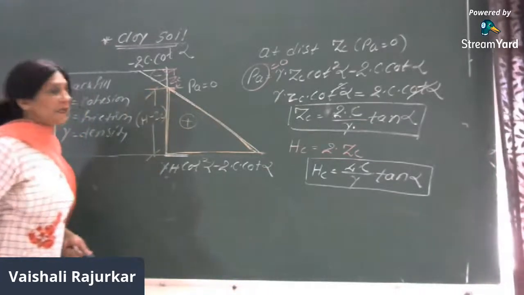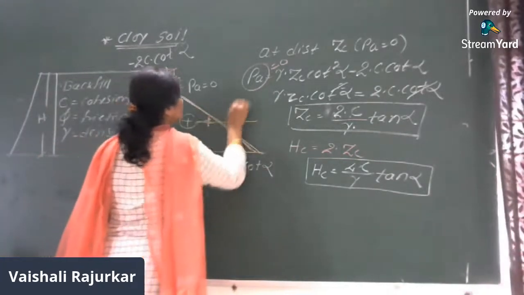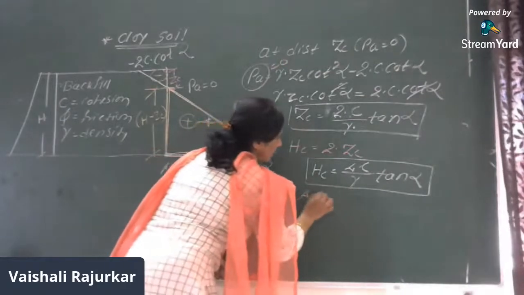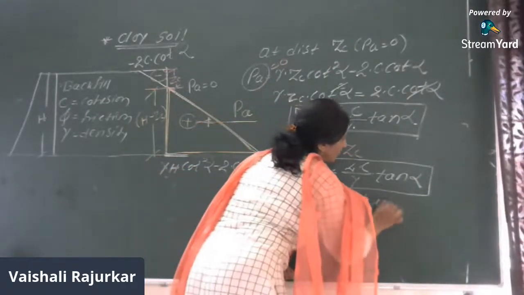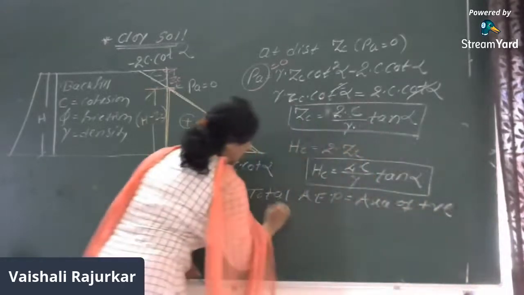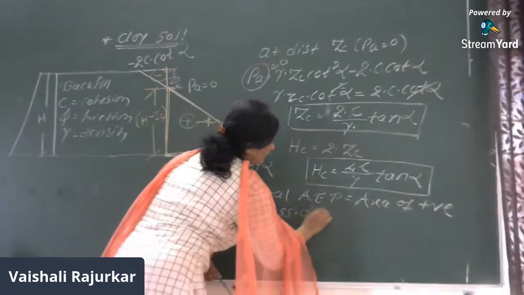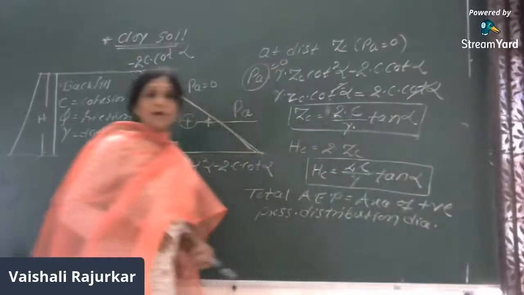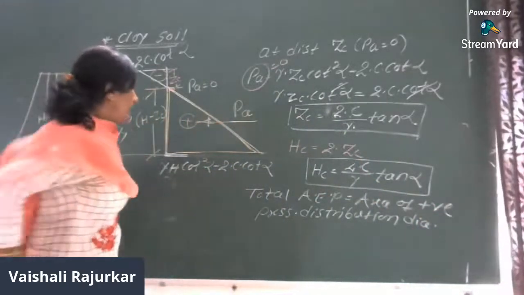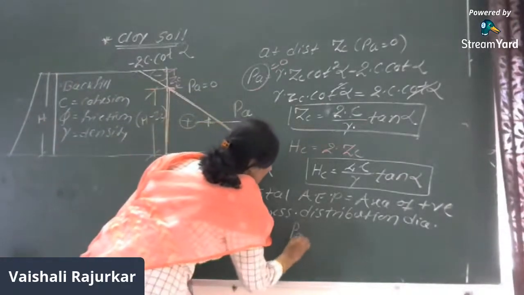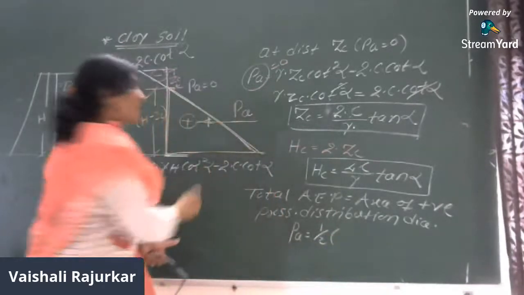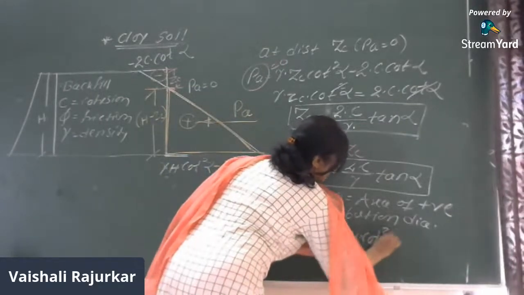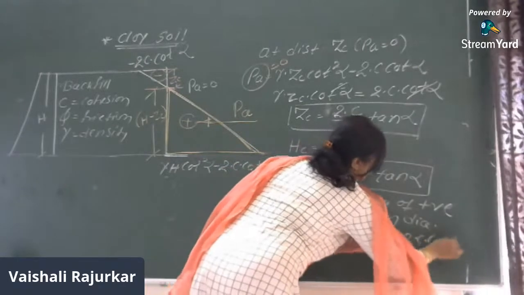Therefore, the total active earth pressure PA is the area of the positive pressure distribution diagram, which is half of gamma into H cot square alpha minus 2c cot alpha.